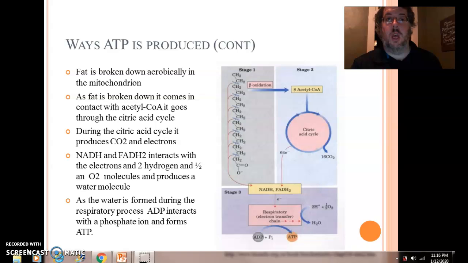At the end of the breakdown of the fat, it actually ends up producing quite a lot more than the glucose did. It produces 129 molecules of ATP for each molecule of fat.